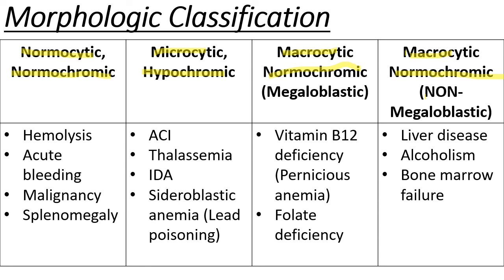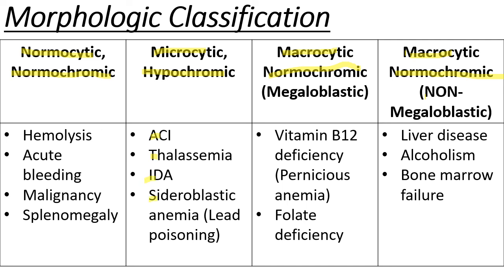Sa normocytic, normochromic, under dyan yung mga hemolytic anemias, no? Acute bleeding, acute blood loss, mga malignancies causing anemia, and splenomegaly. Microcytic hypochromic anemia, huwag kakalimutan yung ating mnemonics na ATIS, no?